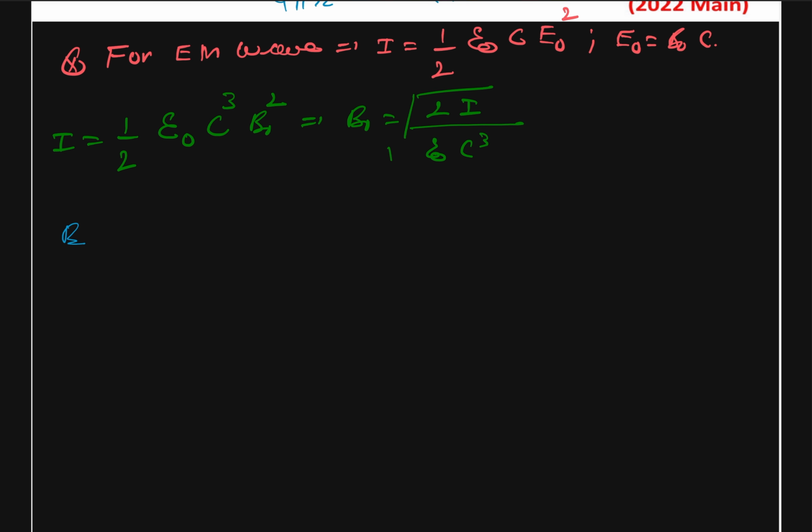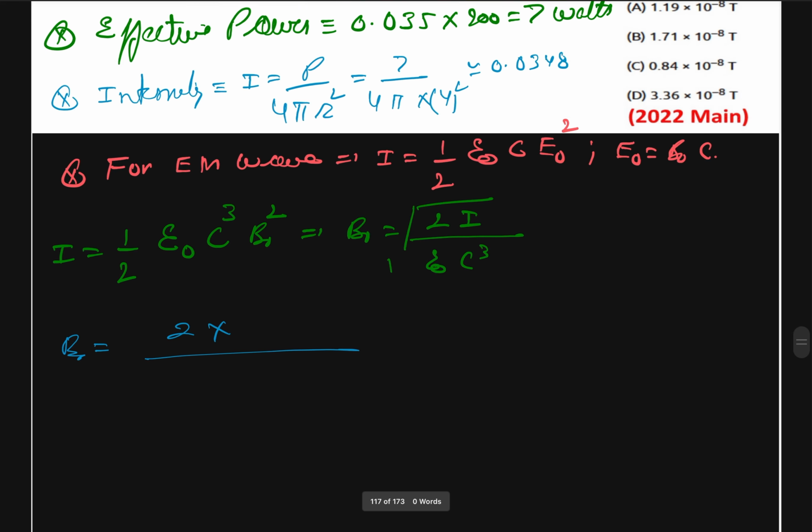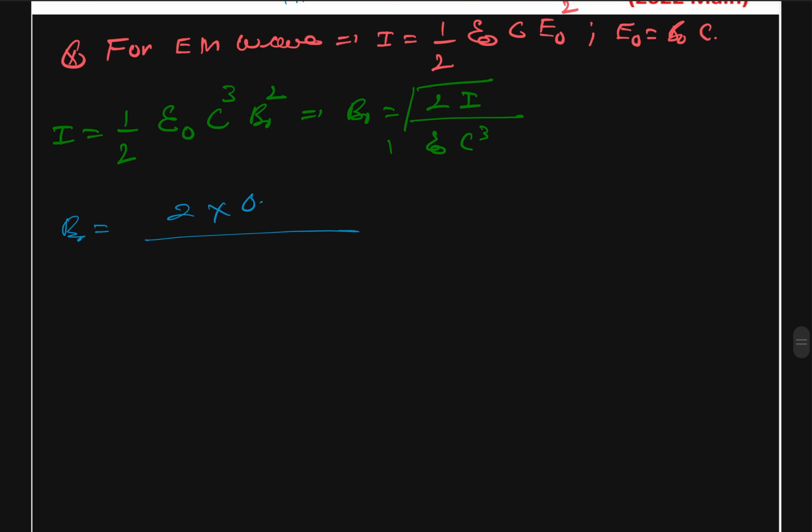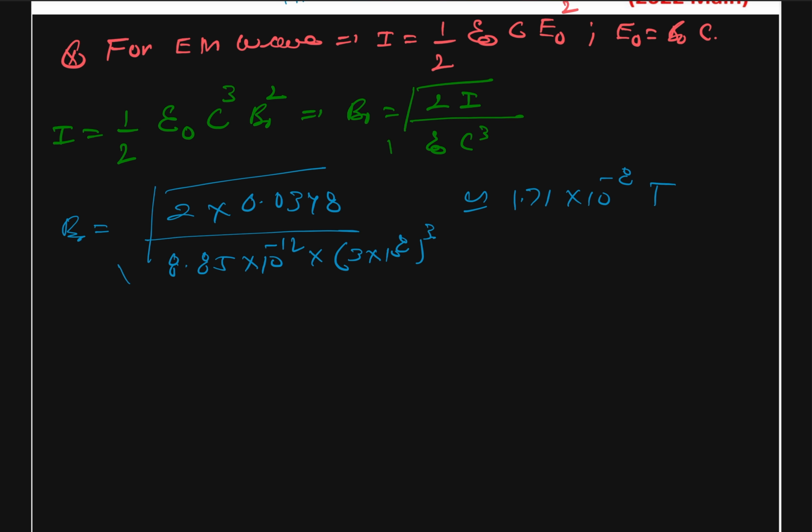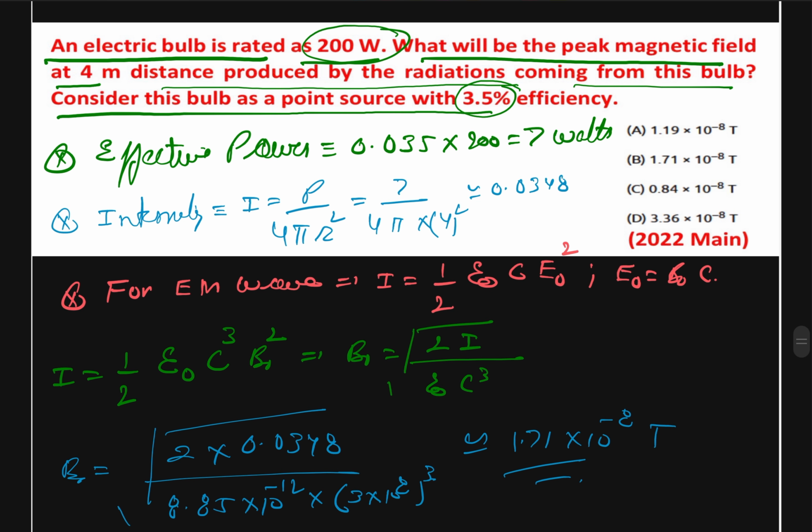We get B naught is equal to the square root of 2 times I, which is 0.0348, over epsilon naught, which is 8.85 into 10 to the power minus 12, c is the speed of light, that is 3 into 10 to the power 8, whole cube. So this comes approximately as 1.71 into 10 to the power minus 8 Tesla. So option number B is correct.